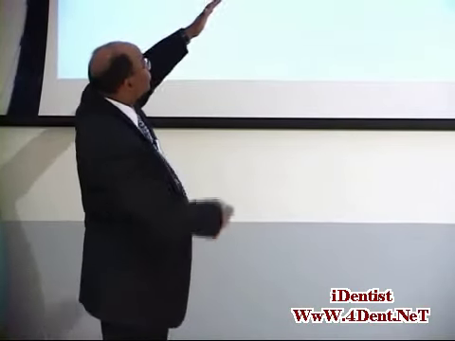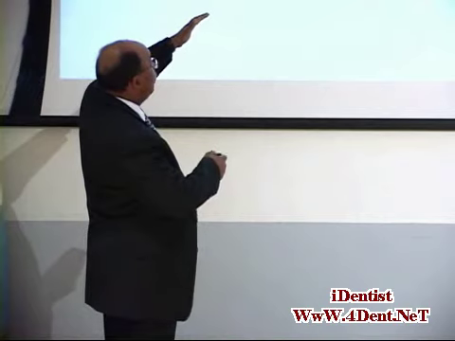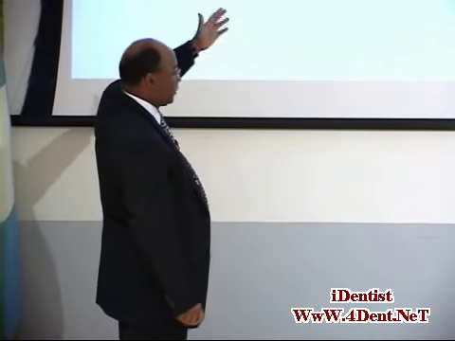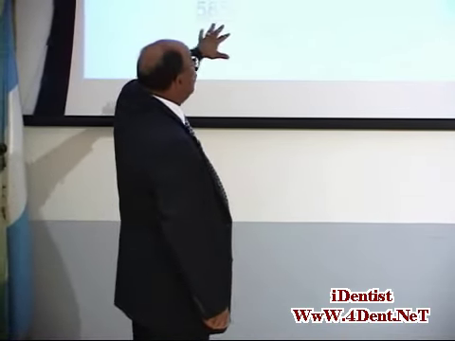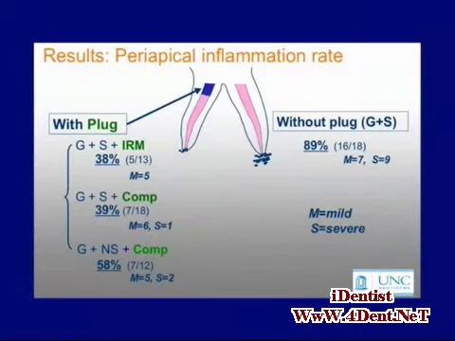Now, when a situation occurred where the root canal filling was removed and a core material placed only as an intraorifice barrier with either IRM or composite, look at the numbers from this study. Significantly decreased.